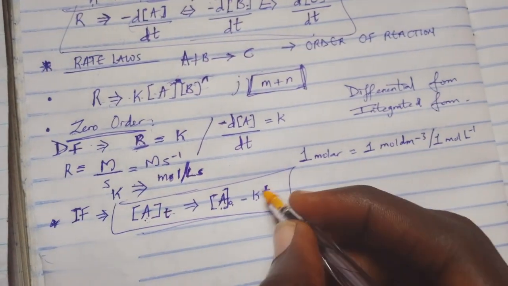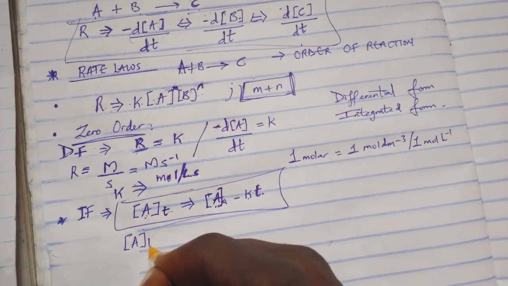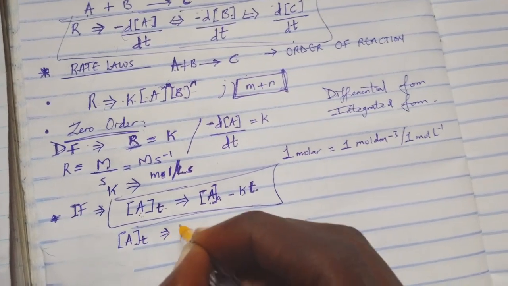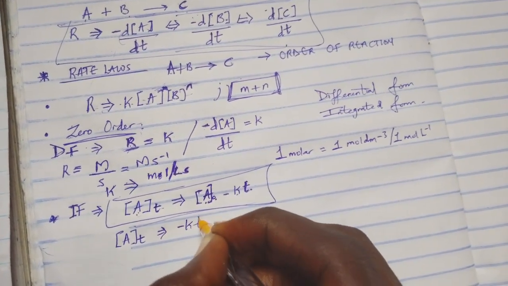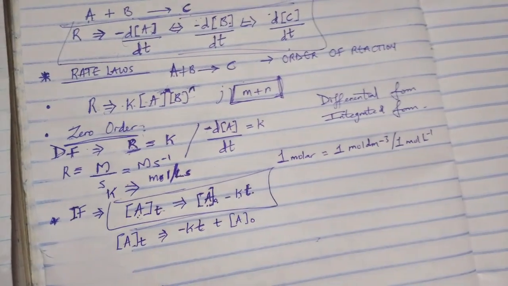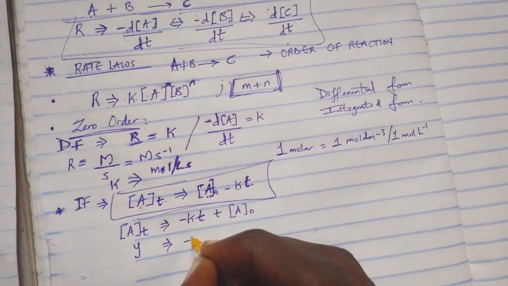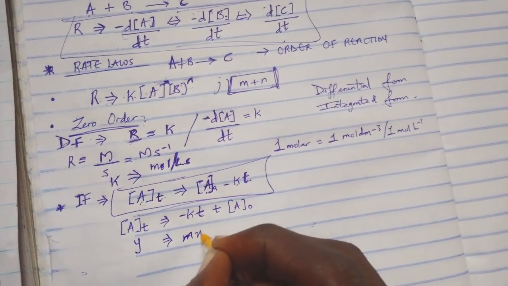And perhaps if you want to rewrite this, you can say [A]t equals minus kt plus [A]0. So you can just relate it to the equation of a line, that's mx plus c.